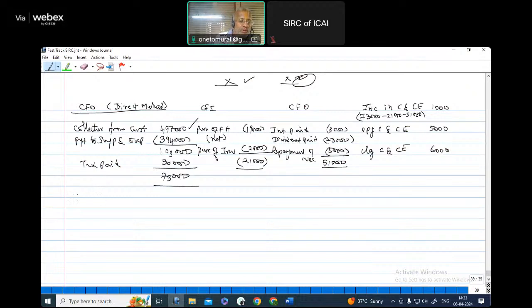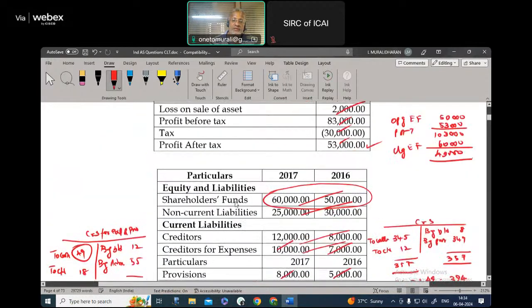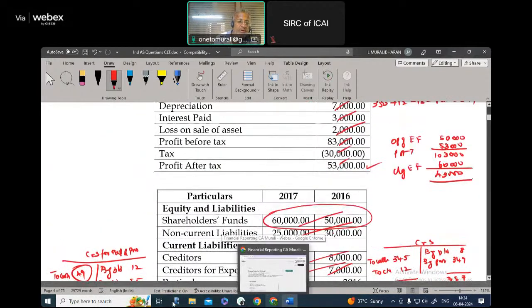See now, cash from operations under indirect method. So under indirect method, how the same has got to be handled. So just watch out. We will take up the profit after taxation figure of 53,000.